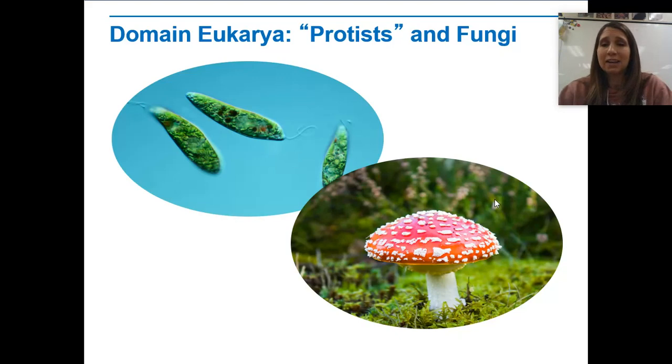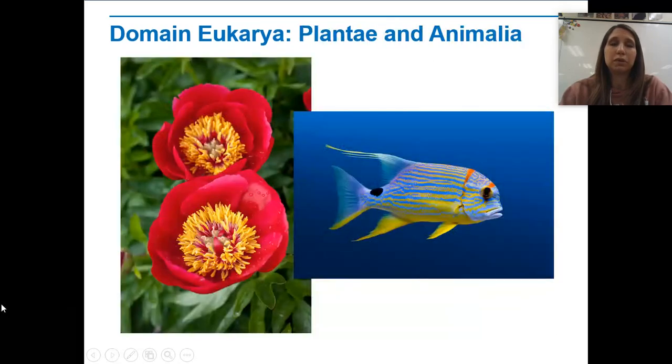Fungi are the same way. If they don't have access to dead materials and things that they can decompose, they're not going to grow very well either. So generally, fungi tend to be decomposers, and they're really helpful in environments for breaking things down. But they are, again, heterotrophs. They're consumers, not producers.